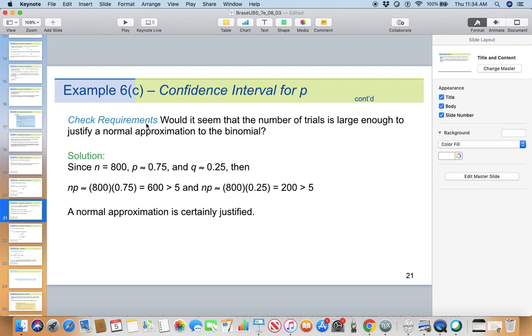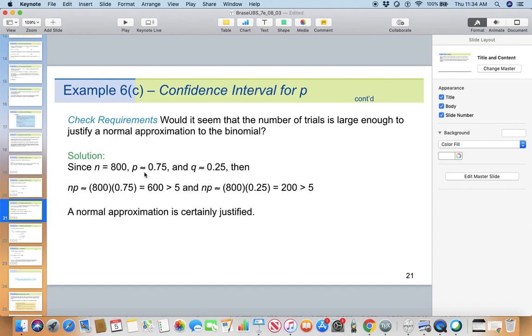All right, now check the requirements. Is my sample size large enough? That is, is the number of trials large enough to justify a normal approximation to the binomial? n is 800. P hat is 0.75. Q hat is 0.25.